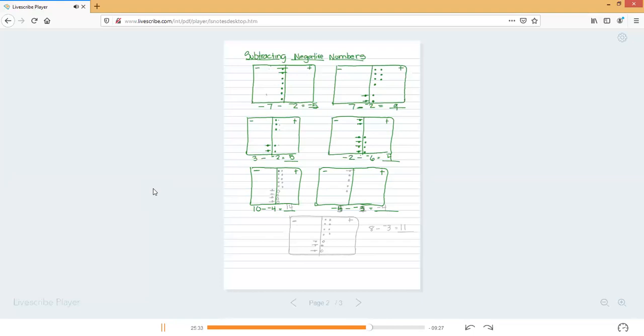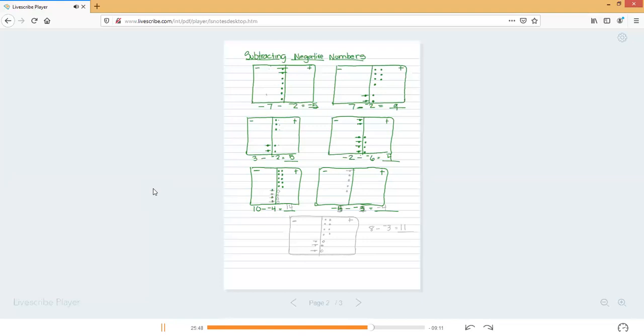So this one is going to be 8 minus negative 3. Make this Algebra Mat. We have the negative side and the positive side. You write your minuend first, which is a positive 8: 1, 2, 3, 4, 5, 6, 7, 8.